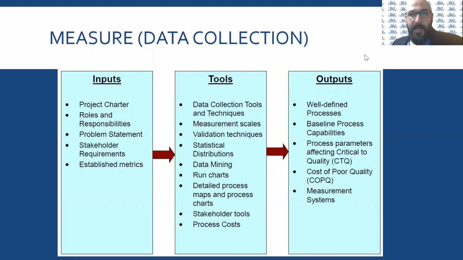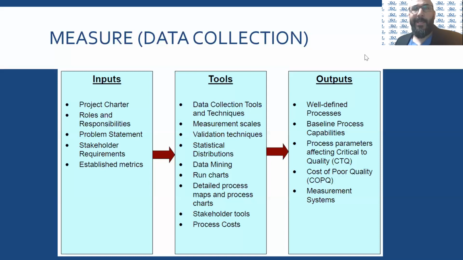For the tools that we're going to use in this measure phase, we're going to use some data collection tools. We have to use some measurement scales. We have to validate the data that we've collected. We should use some statistical distribution and know, based on what data we have, what distribution we should use.